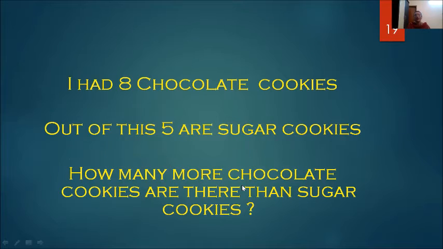How many more chocolate cookies are there than sugar cookies? If you ask this sum to our children, immediately they will do the same operation, 8 minus 5. Now, as educators, is it such an easy job to find out the comparison here? Definitely not so easy for our children who are learning subtraction for the first time.